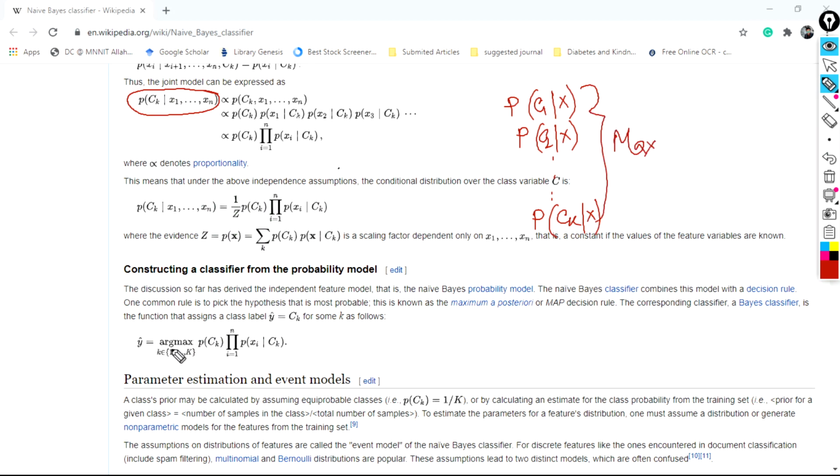Because of this, we are using argmax, with k running from 1 up to capital K, because we have capital K number of class labels. Among these we have to find the maximum one, and this k will be the actual class label of the required point X.